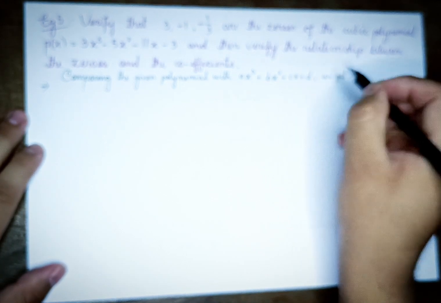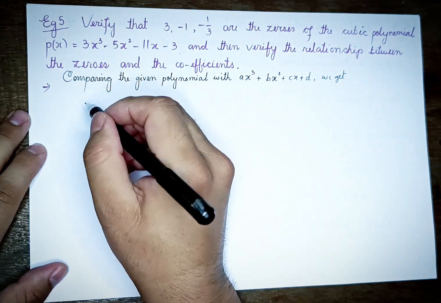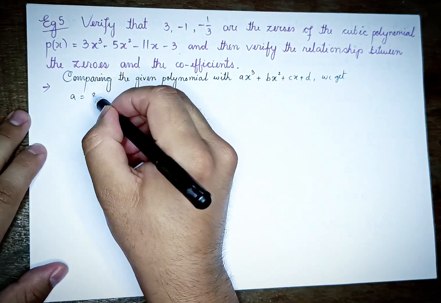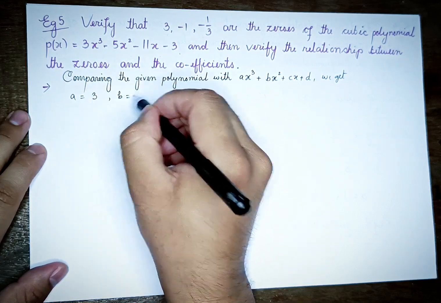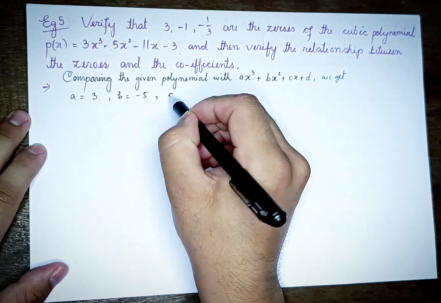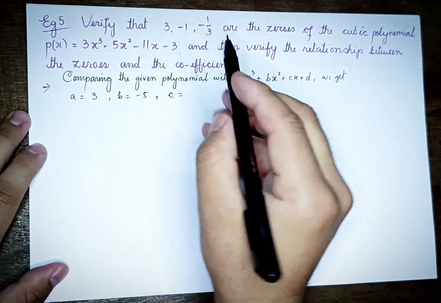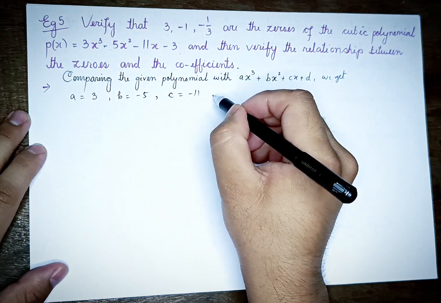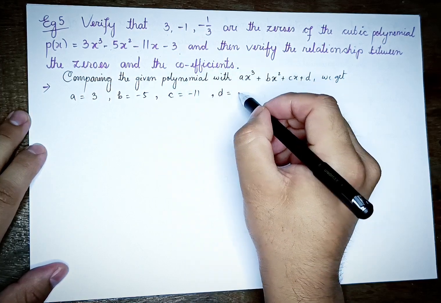Comparing these two, we get a is equal to 3, b is equal to minus 5, c is equal to minus 11, and d is equal to minus 3.